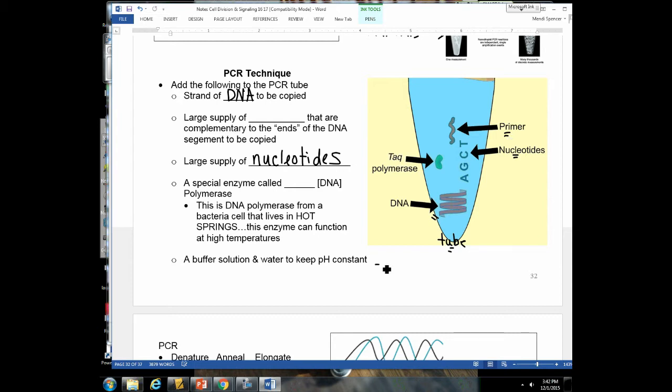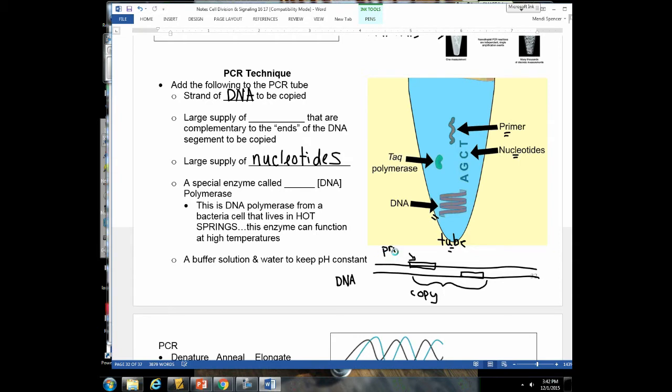So if we have a long piece of DNA, so let's say this whole thing is DNA, and we just want to copy specific parts of it, if we just want to copy this part, then we have to put a primer in there that is complementary to these nucleotides here and these nucleotides here. So we're going to have a primer that will bind right here to those DNA nucleotides.